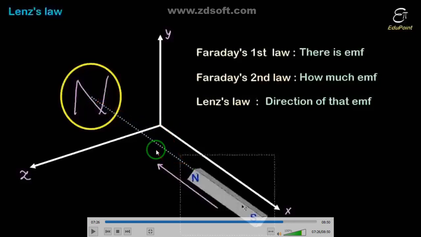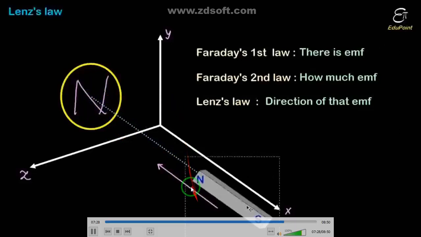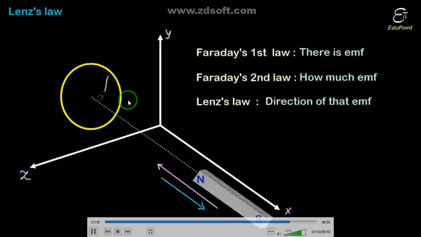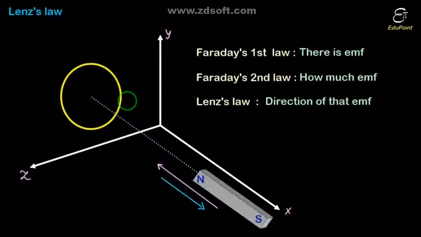So when the magnet moves out of the circuit, the coil experiences a decreasing flux. Due to that, it will produce a south pole. When the magnet is moving out of the circuit, the north pole is arising on the magnet side, and this coil will produce a south pole.